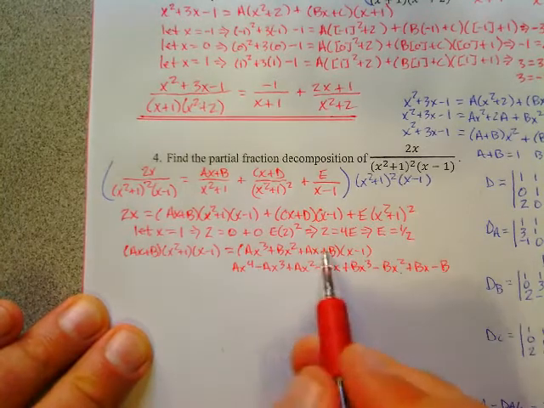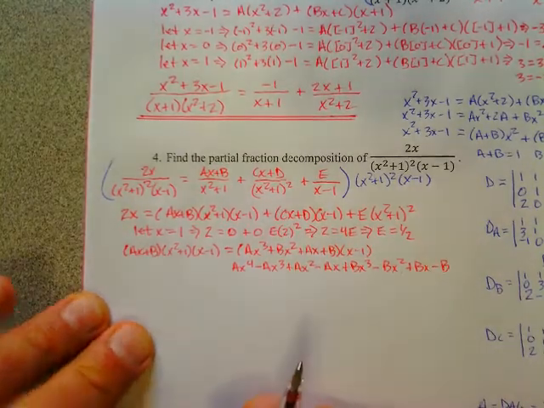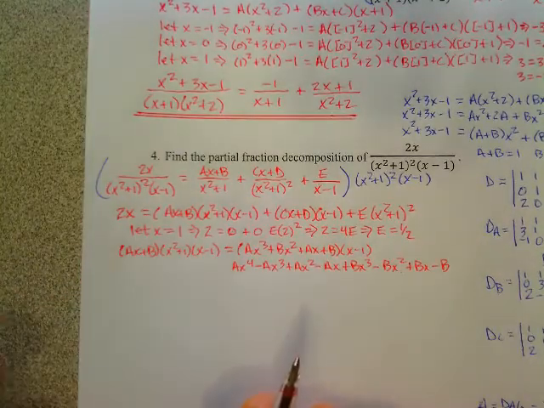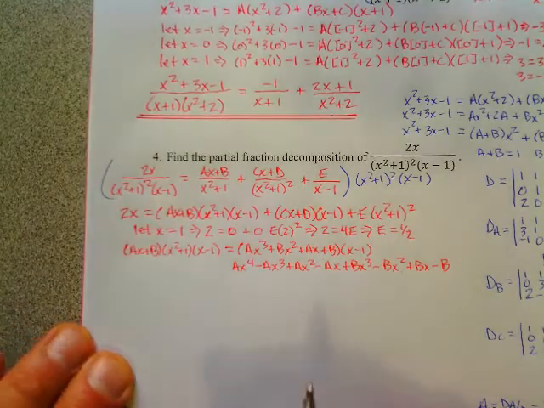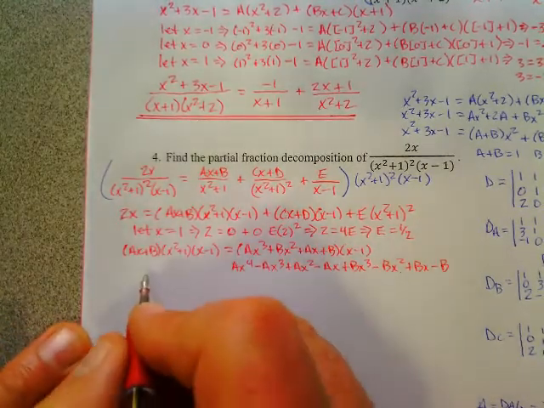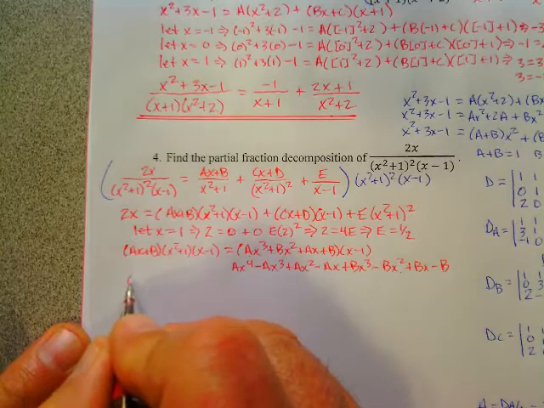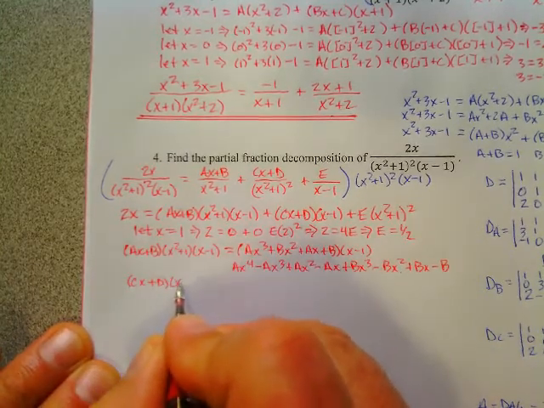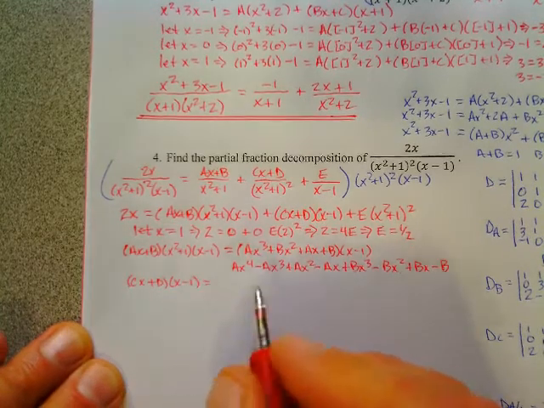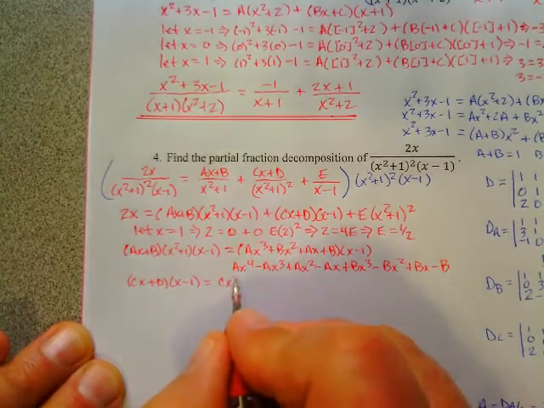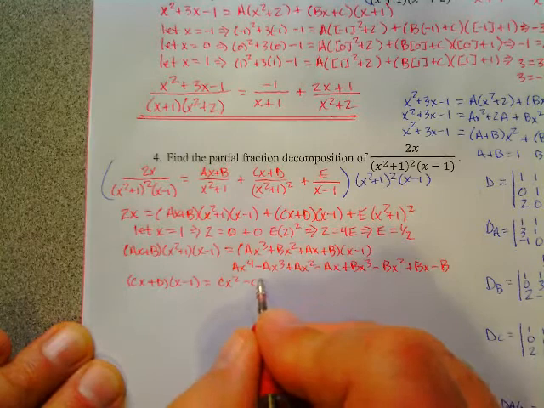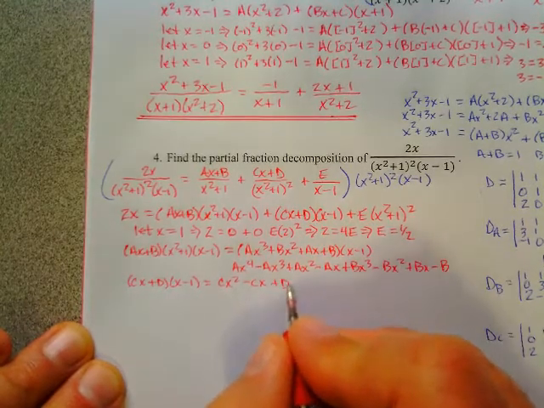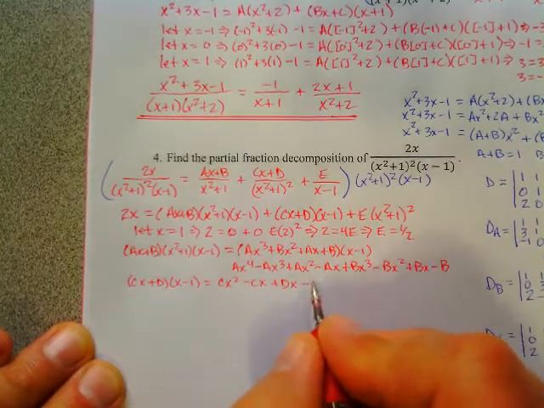So all of this times these two gave us that. Okay. Now we also have the cx plus d times x minus 1, so we can just FOIL that. Cx squared minus cx plus dx minus d.